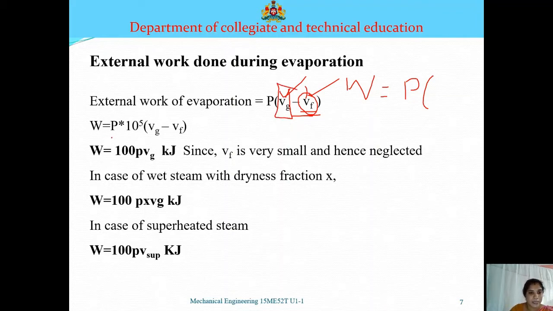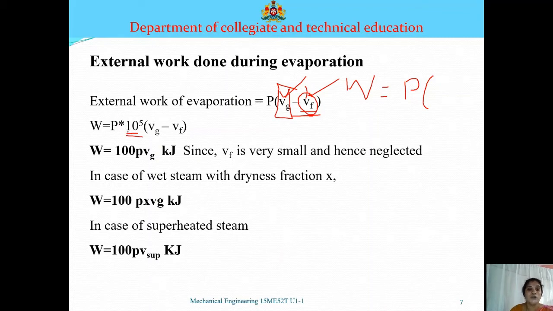So how can I express it? W is given by P into 10 to the power of 5. Since in the steam table the unit of pressure is bar, we're going to write it as P into 10 to the power of 5 into Vg minus Vf. So it's pressure into change in volume.